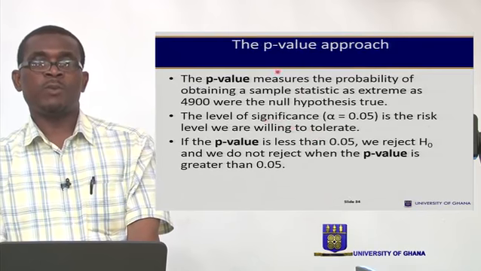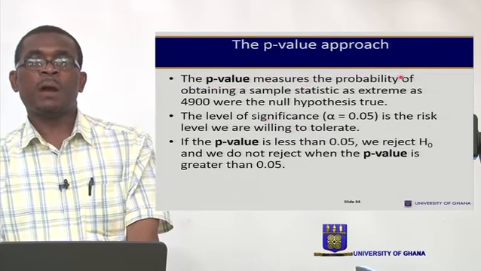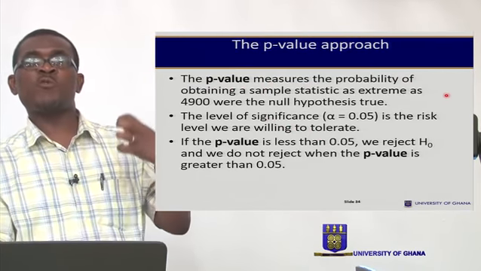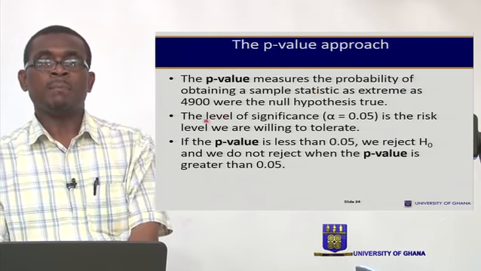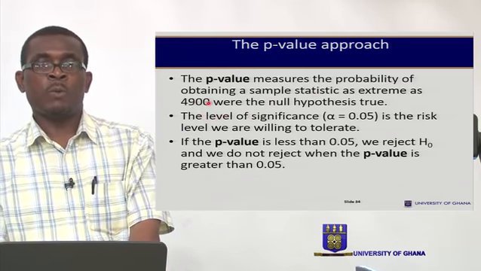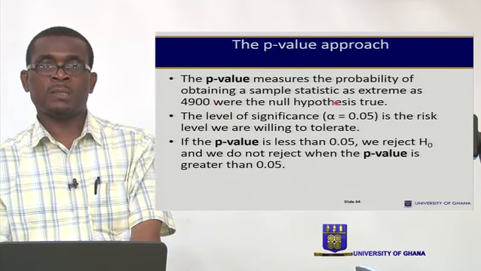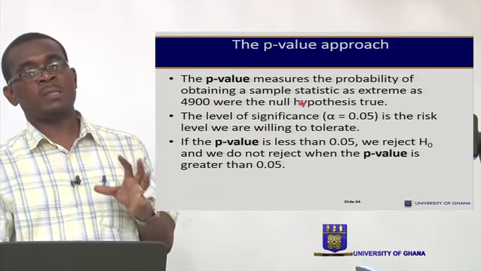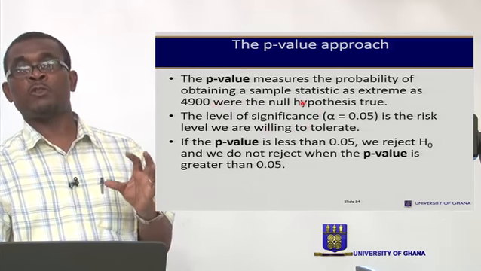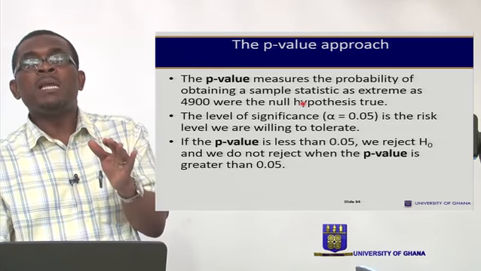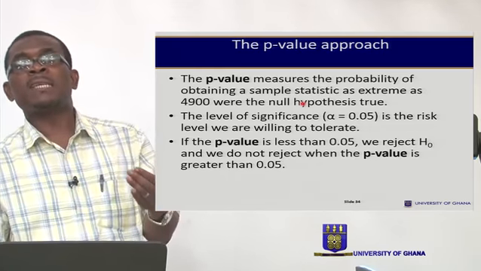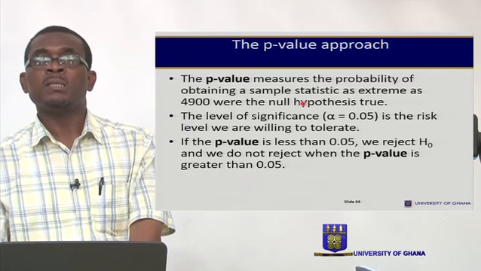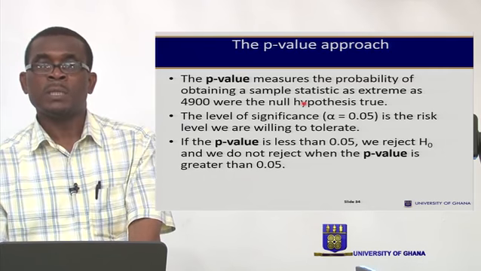Now, what does the p-value measure? It measures the probability of obtaining a sample statistic as extreme as the 4,900 that we got were the null hypothesis true. So we're saying that if the null hypothesis of 5,000 hours were actually true, okay, the probability of obtaining a sample mean of 4,900 will be 0.0367.